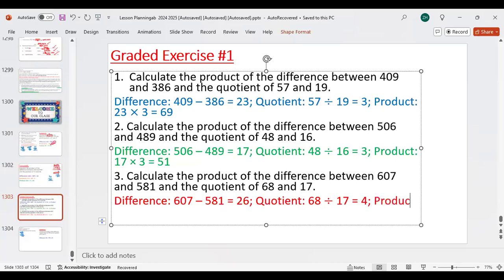The product is going to be 26 multiplied by 4. That gives us 104. Very good. And that's the final answer.